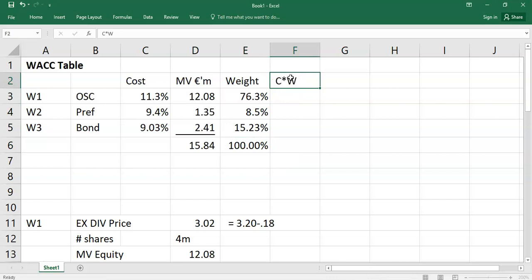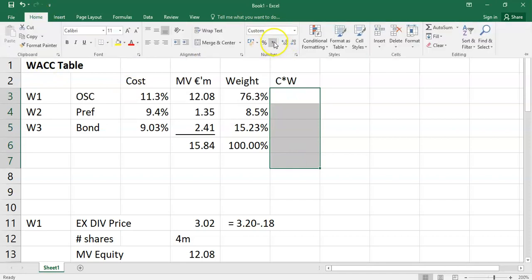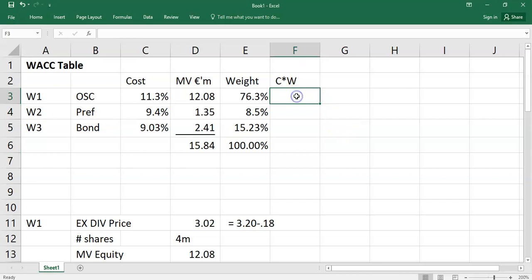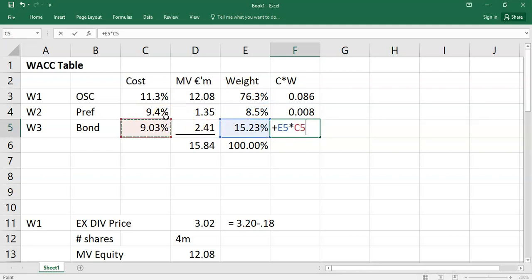So what you're going to be doing here is multiplying what portion of the business is financed by what. 76% of the business is financed at 11%. 8.5% of the business is financed by 9%. So you're just doing the weighted average, taking the weight by the cost, and 15% of the business is financed by 9%.